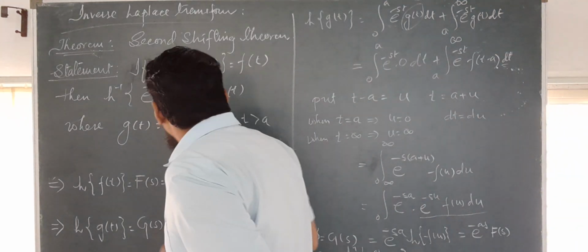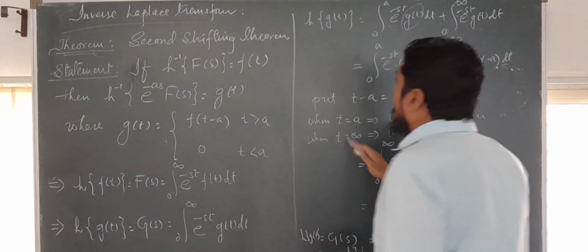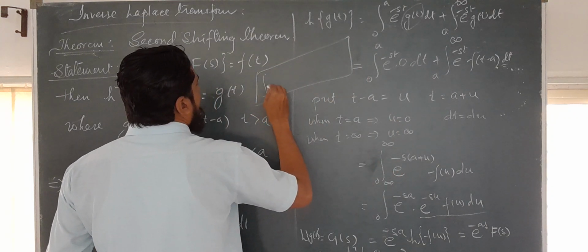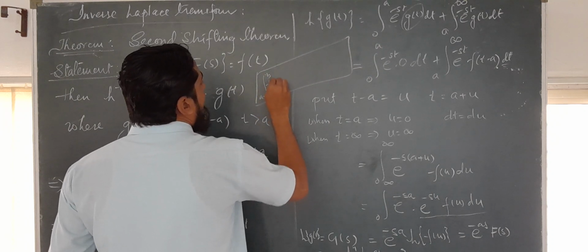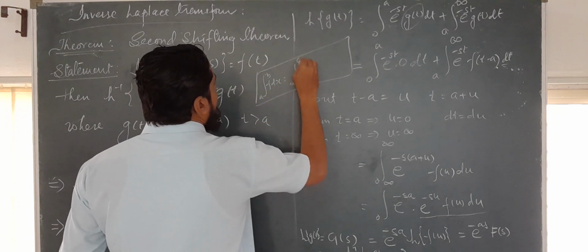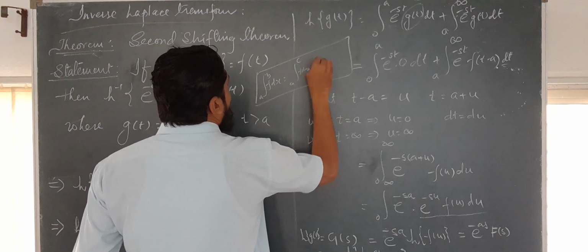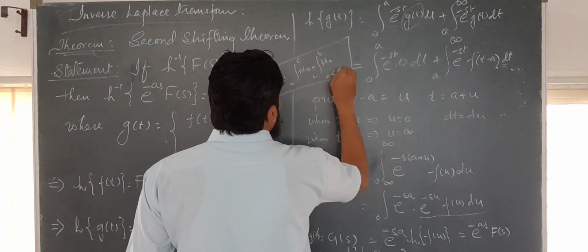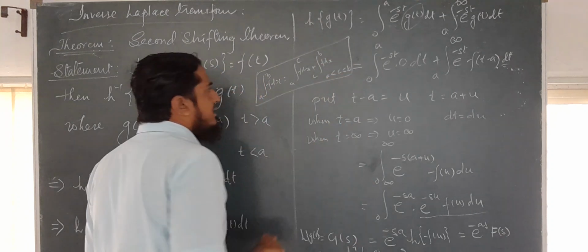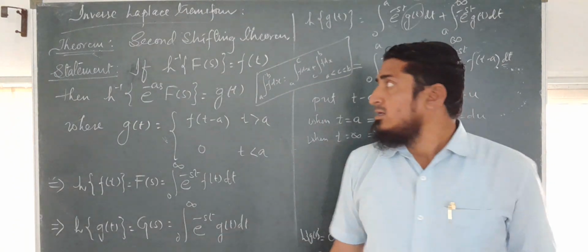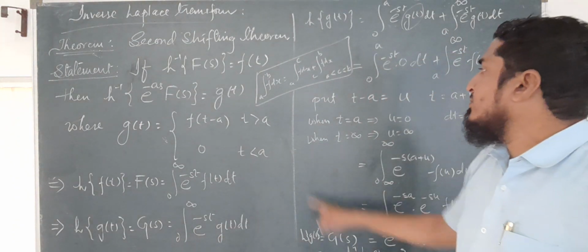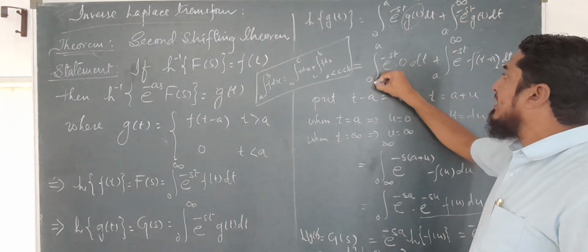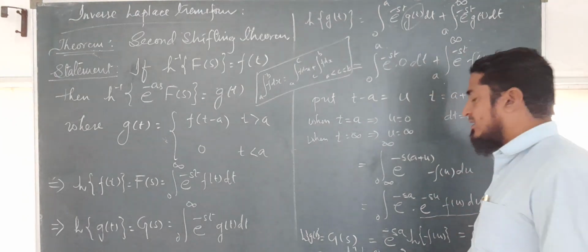We know the rule that integration a to b f dx is equal to a to c f dx plus c to b f dx, where a is less than c is less than b. Correct. So we can split this integration in such a manner, into 0 to a and a to infinity.